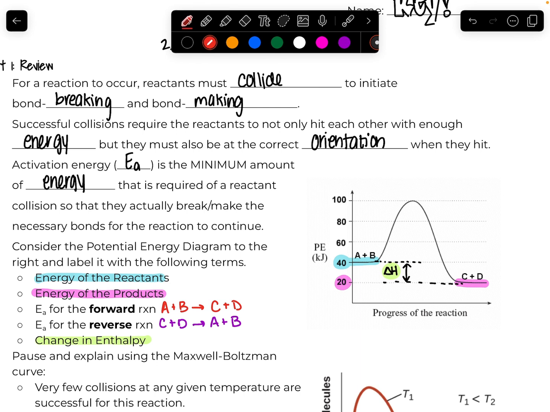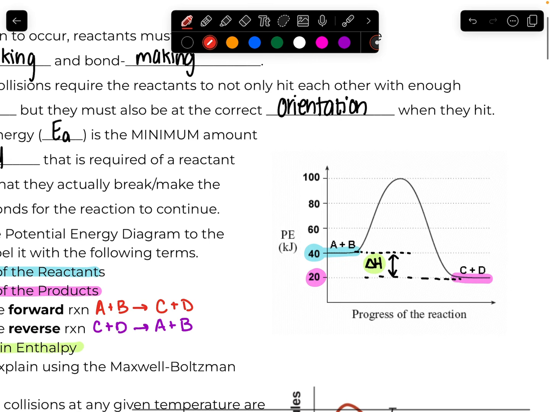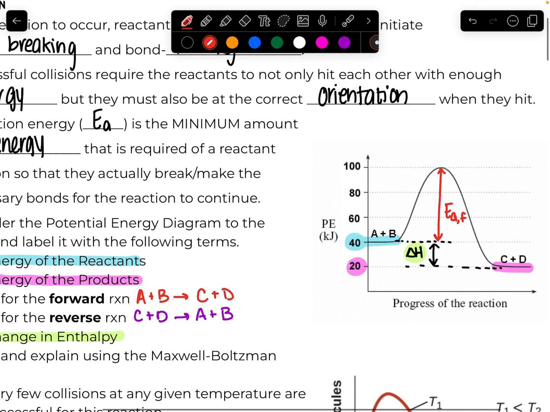So for the forward reaction, the activation energy is the energy from where our reactants start all the way up to the peak of this graph, EA. I'm going to label it EAF, so we know it's the forward one. But if we reverse this reaction, what we'd really be doing is just flipping where our products and our reactants are.